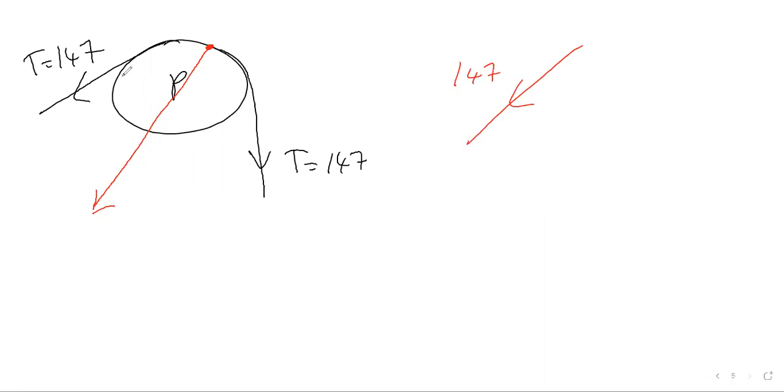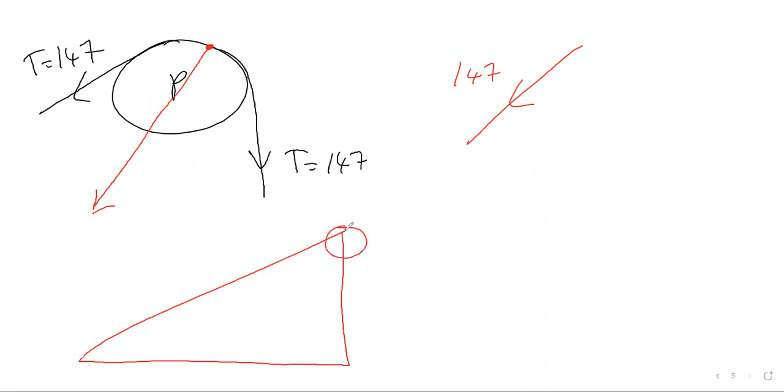Let me draw the diagram of the ramp again. You've got your pulley up there, and an angle of theta. This angle there is going to be 90 minus theta, remember, you've got a right angle there. This angle is half of that, so 90 minus theta over 2, and that angle there is also a half of that, so 90 minus theta over 2.